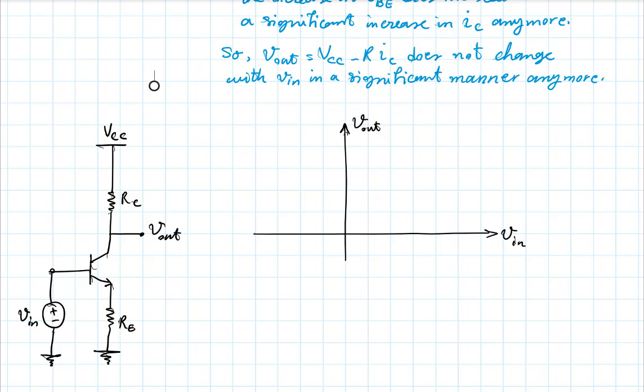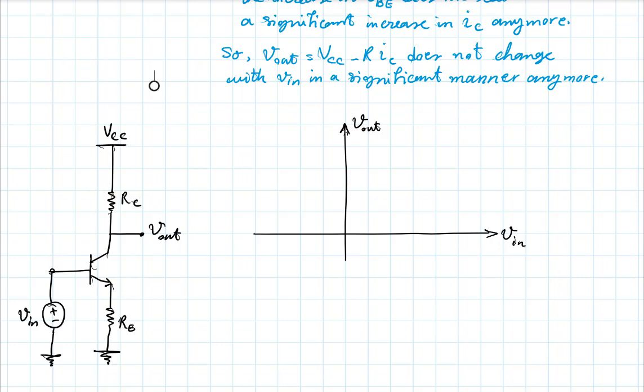This is an example I'd like to ask you guys to take a look at home, work on a little bit, and draw the characteristics. Now, qualitatively, you would expect a behavior to a large degree similar to the previous circuit, because if you increase V in, that surely leads to an increase in the base emitter voltage.